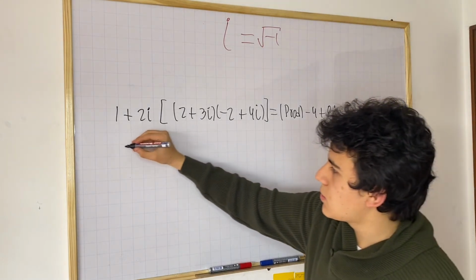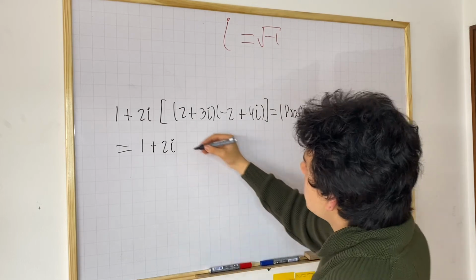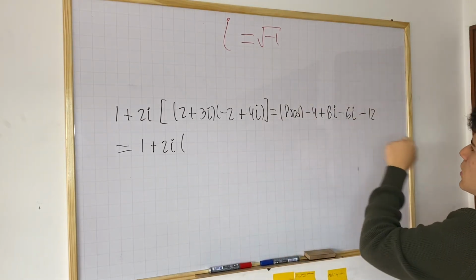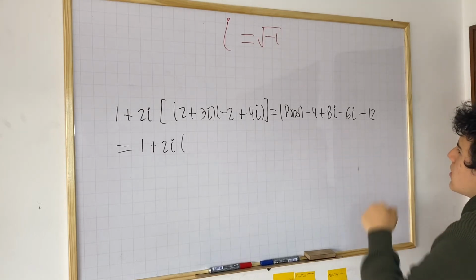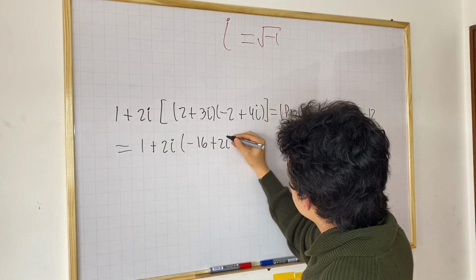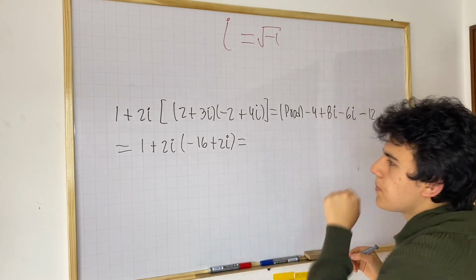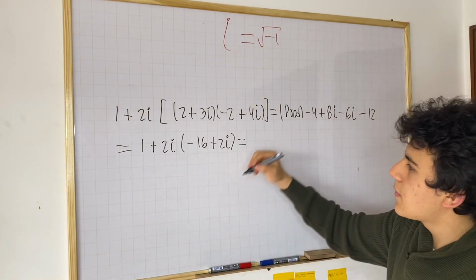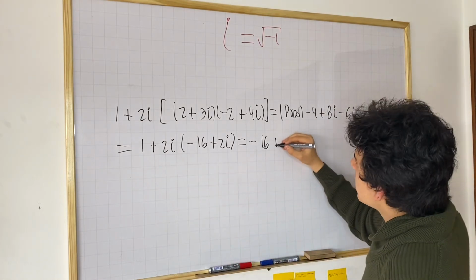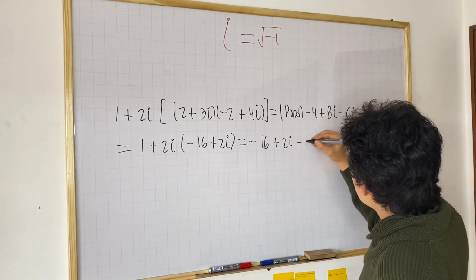Now this is the product. Now I'm going to write once again the entire expression, times. So what can we simplify here? We would get minus 16 plus 2i. Now, once again, we're going to cross. So we're going to have minus 16 plus 2i plus minus 32i.